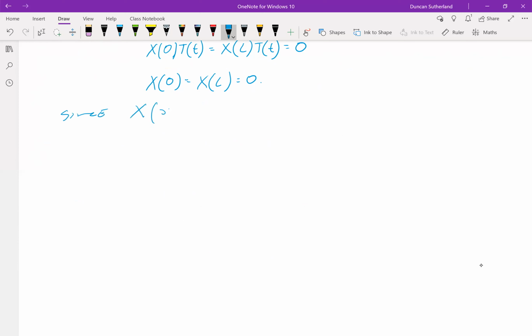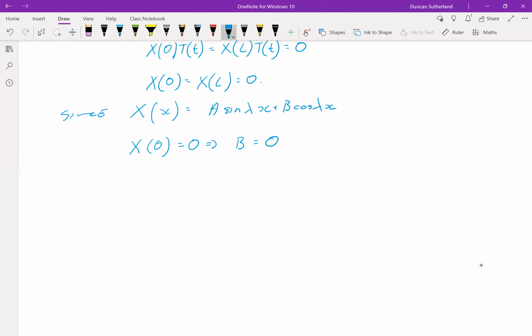Since X of x is equal to A sine lambda x plus B cos lambda x, we can just plug in directly. X of 0 equals 0 implies sine of 0 is 0, so we've got B, cosine of 0 is 1.